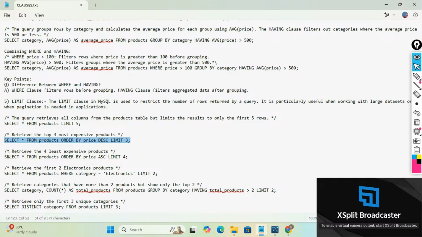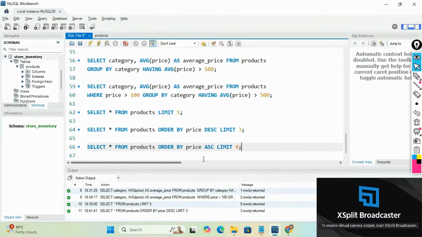Then, in the same way, this one, same query, but I'm changing the order. Again, when I'm going through this query, I can understand one thing. Between order by and limit, what is the sequence?